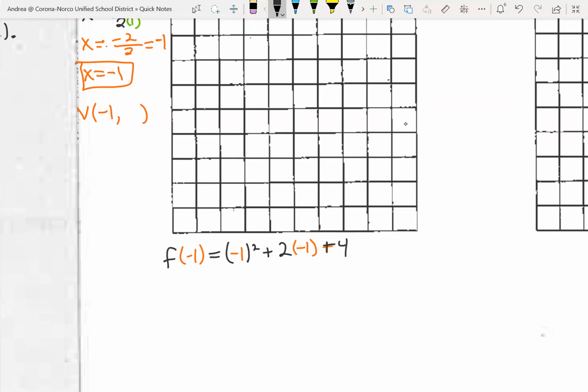Okay, so I'm just substituting it in for x. Anywhere I see an x, I plug in negative 1. Now we're going to solve. So I'm going to do f of negative 1.